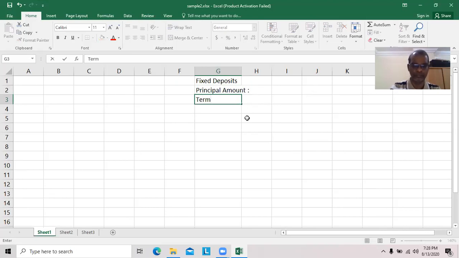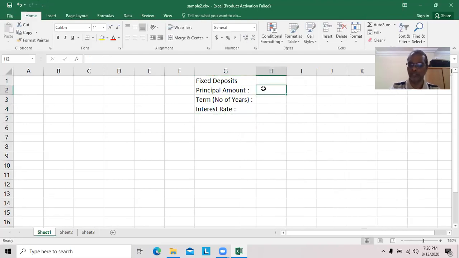And number of years. Interest rate. Here assume I am going to deposit 1000 rupees for 5 years, at 11% interest. This is kept as a separate place.